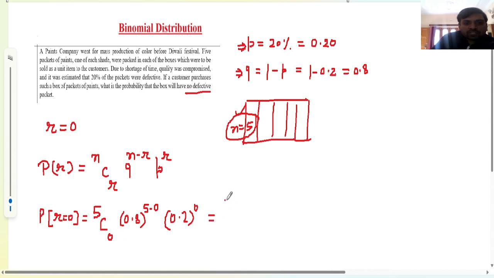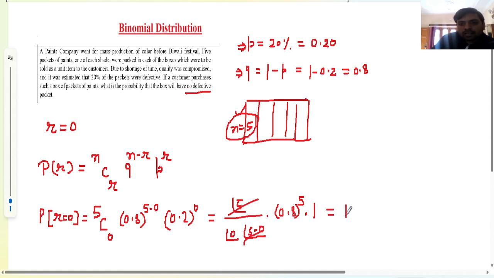And this 5C0 is factorial 5 divided by factorial 0 and factorial 5 minus 0, and this 0.8 raised to the power 5, and 0.2 raised to the power 0 means 1. So on solving this, factorial 0 is 1, and factorial 5 by factorial 5 is 1.